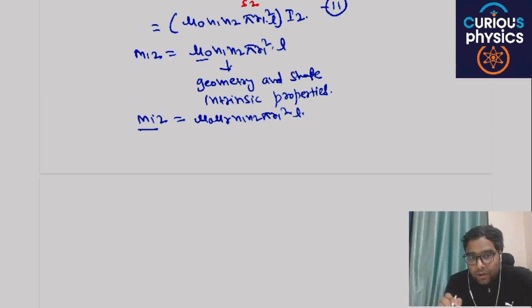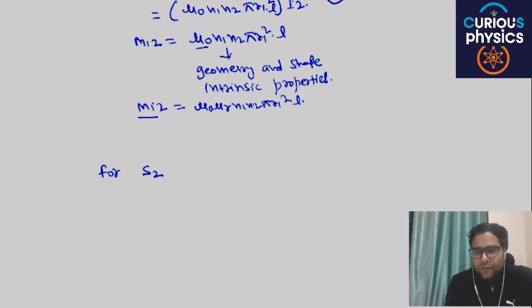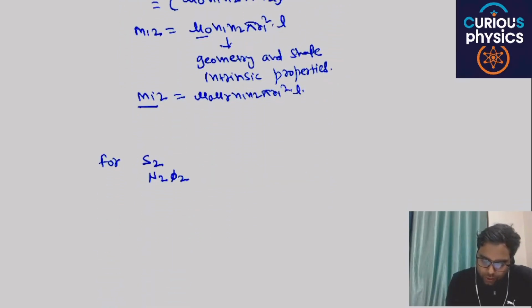Now we can also find the value of the mutual inductance of 2 with respect to 1. For solenoid S2, what will be the value of magnetic flux? The total value will be N2 phi 2, which is directly proportional to I1.